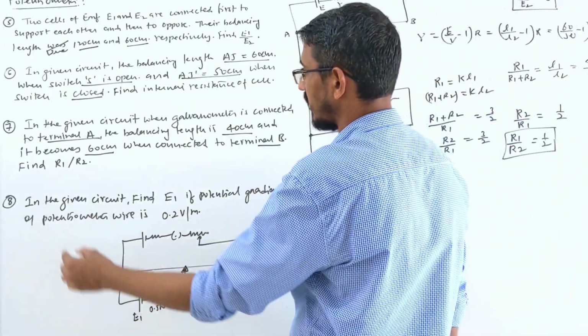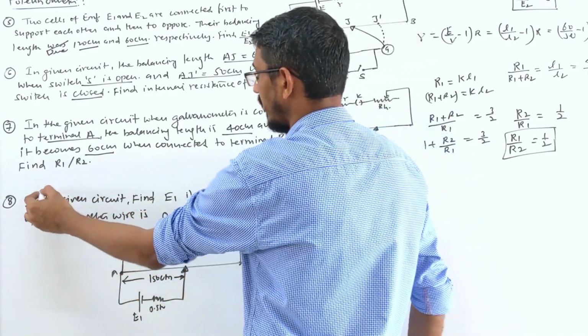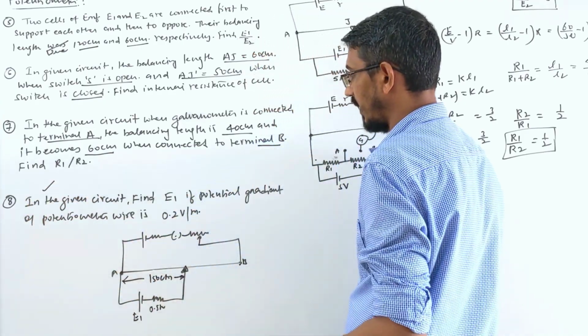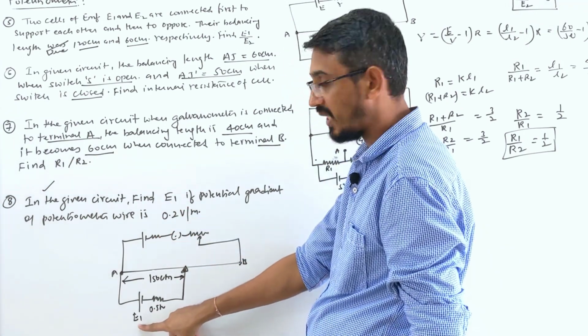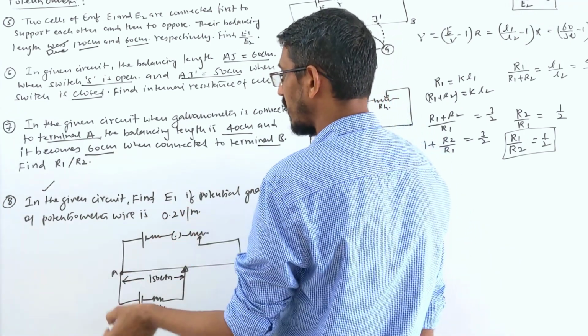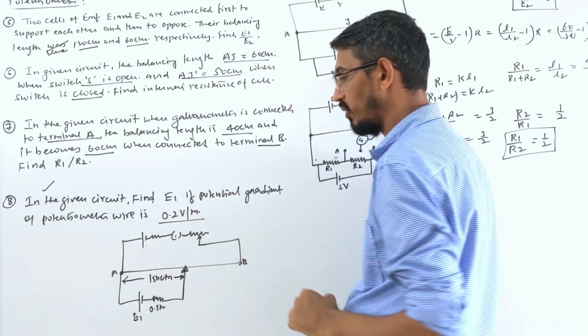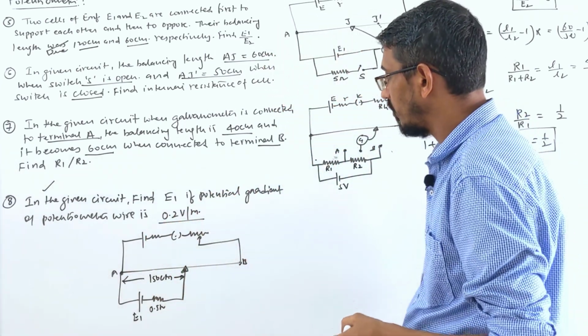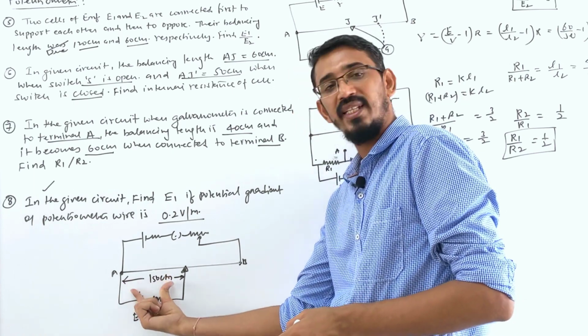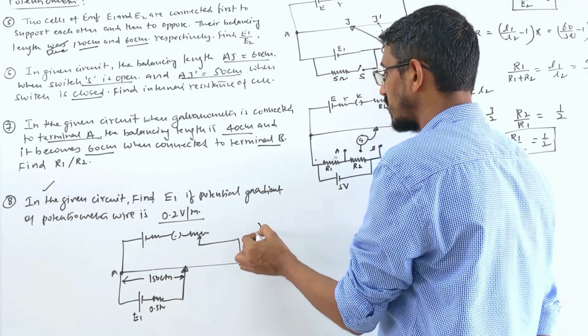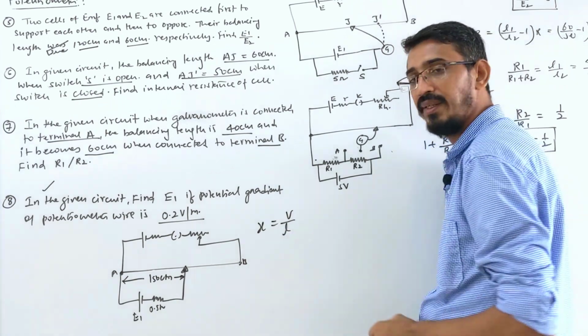Okay, let's see the next question. Question number 8. In the given circuit, find E1. E1 means the EMF of this cell they are asking, if the potential gradient of the wire is given directly to you, 0.2 volt per meter. Look here, EMF of the cell they are asking, balancing length given and potential gradient given. Potential gradient is simply V by L, right?